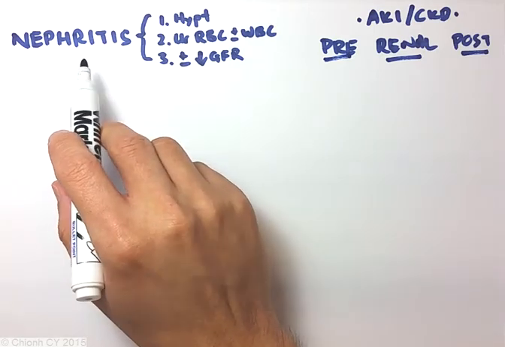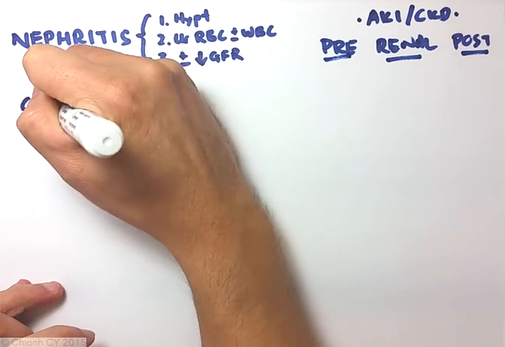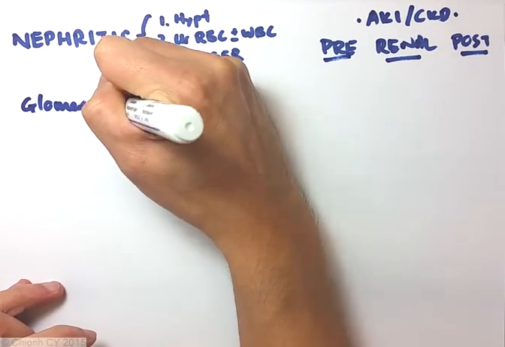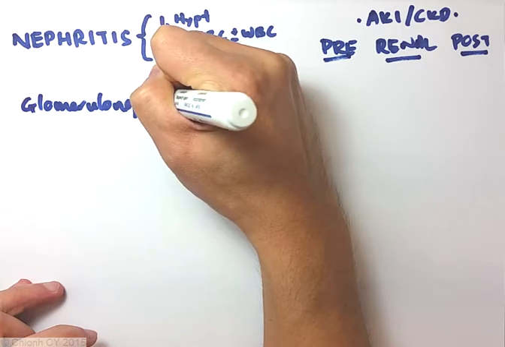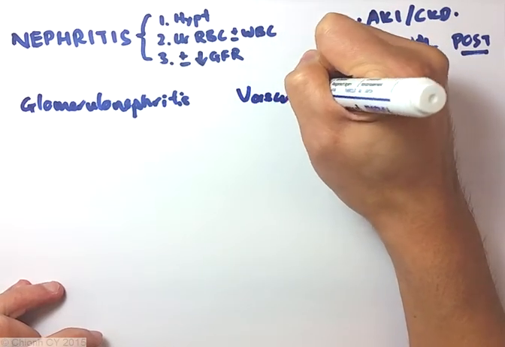Acute nephritis or chronic nephritis may be due to a glomerulonephritis or a vasculitis.